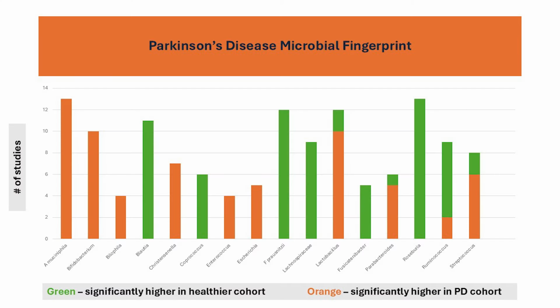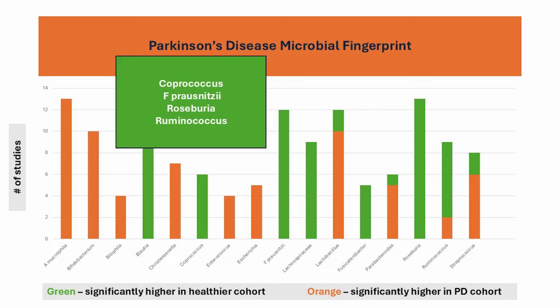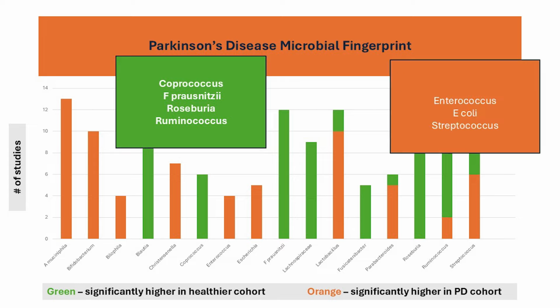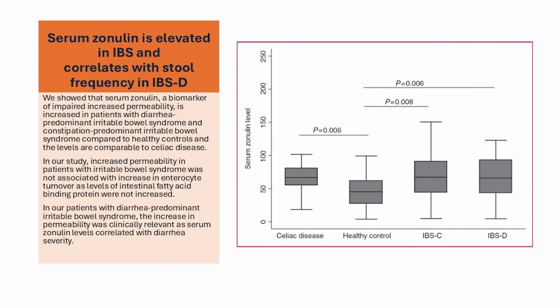Again, in the average Parkinson's microbiome, we see that the healthy controls consistently have significantly more health promoters, such as Coprococcus, F. prausnitzii, Roseburia, and Ruminococcus, as compared to those with Parkinson's, while they have significantly more classic opportunistic pathogens, such as Enterococcus, E. coli, and Streptococcus. And here is Lactobacillus.